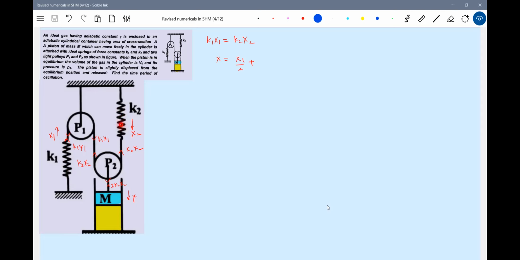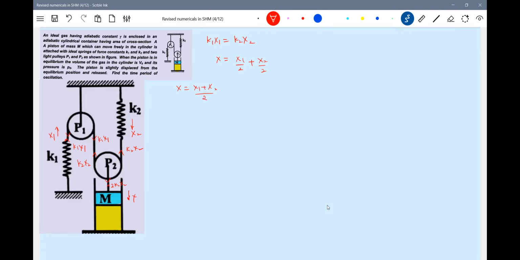Similarly, assume that this spring is not there, only string is there. Here let there be spring. Then if this pulley moves by 1 meter, here 1 meter will increase. How much will this elongate? By 2 meters. So therefore, what is the displacement of piston? Half of the elongation of spring 2. X equals (x1 plus x2) divided by 2.